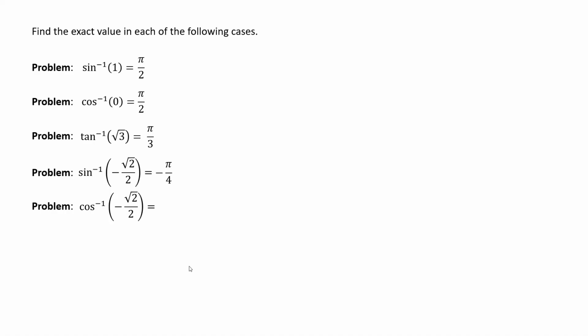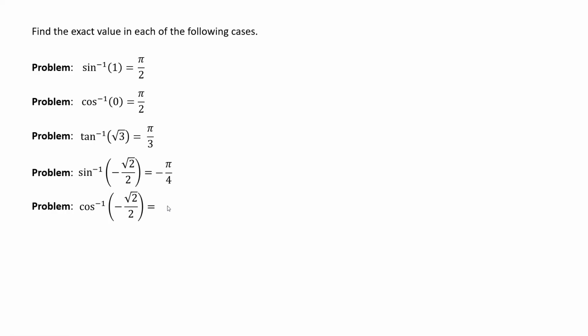So where do we go for negative square root of 2 over 2? Oh, we go to the second quadrant. So this angle must be somewhere in the second quadrant. Sure enough, in the second quadrant cosine is negative. So that's why cosine inverse of negative square root of 2 over 2 must be in the second quadrant.